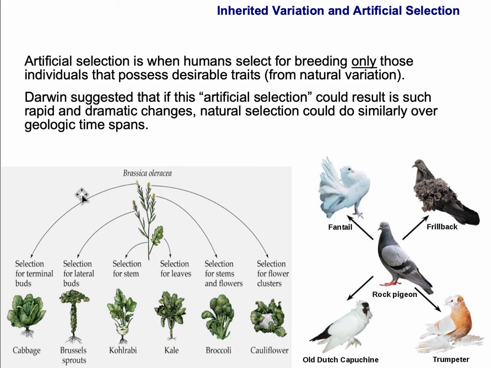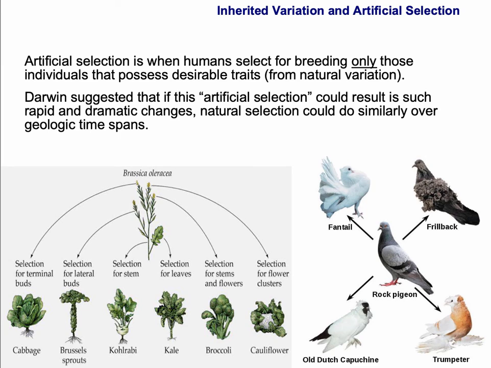And those plants were chosen for certain parts of the plant that could be used as food. And now we have all of these different varieties of this ancestral plant that look very, very different. Cabbage and kale and broccoli and cauliflower. But they are all the same species originally. All the breeds of pigeons, and there are some wild-looking birds, are all descended from the wild rock pigeons.